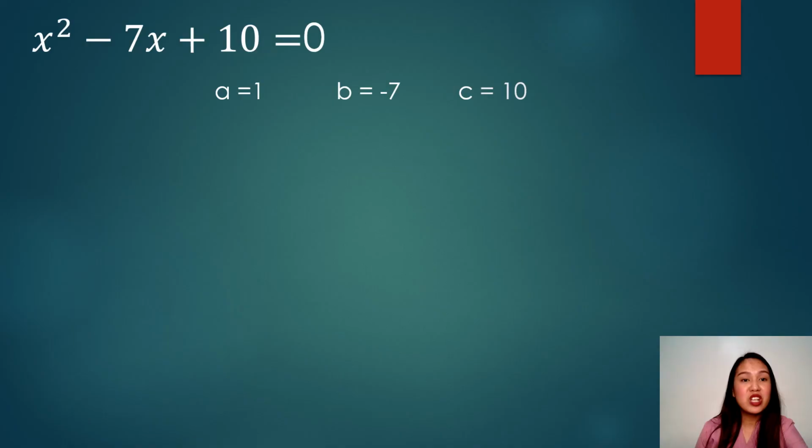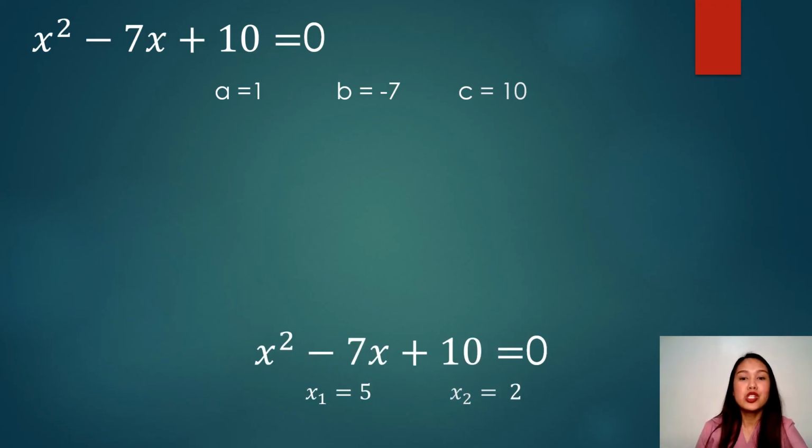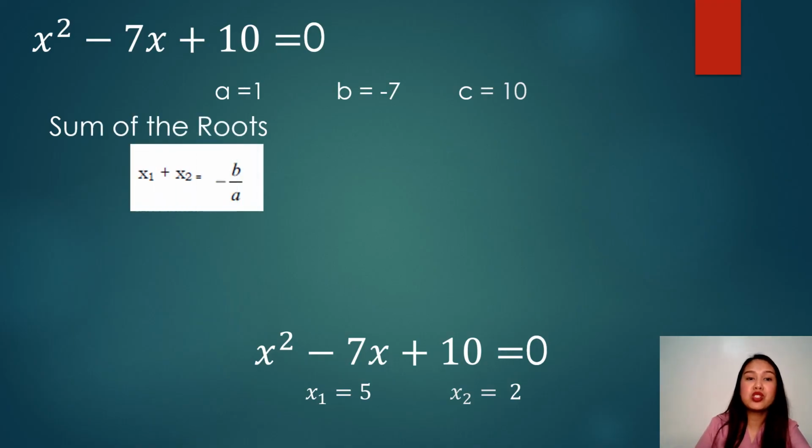I have x squared minus 7x plus 10 equal to 0. The a, b, c are 1, negative 7, and 10. We have already solved for the values of the roots of this equation, which is 5 and 2. Now let's get the sum of the roots. Using the formula negative b over a, that's negative quantity negative 7 because your b is negative 7, and a is 1.